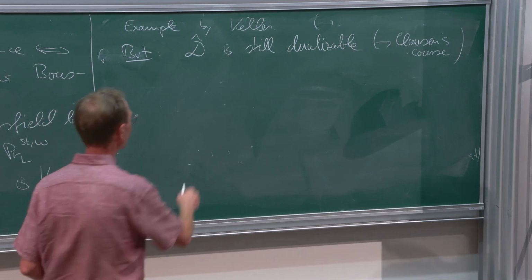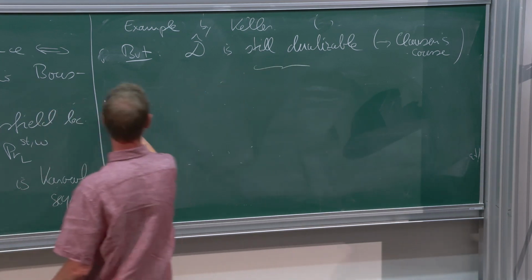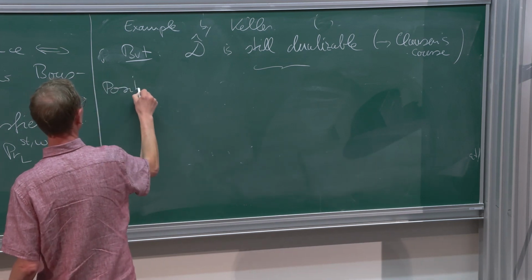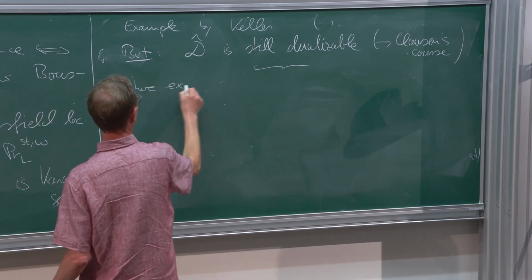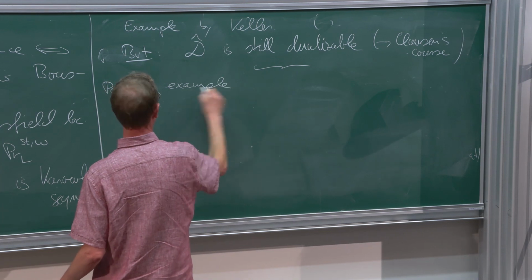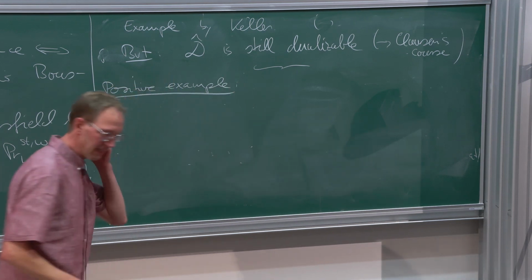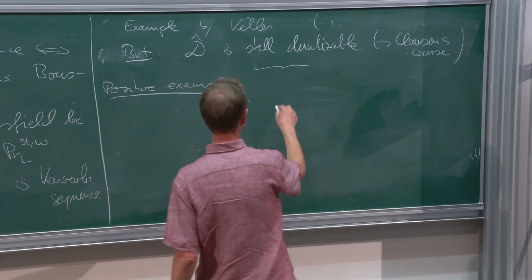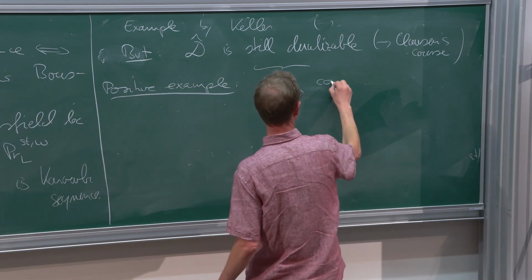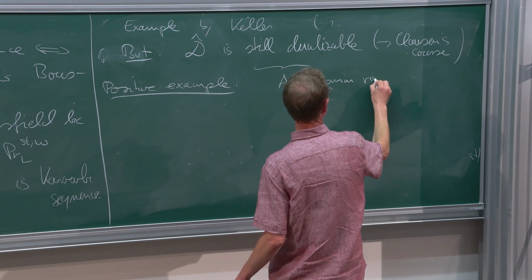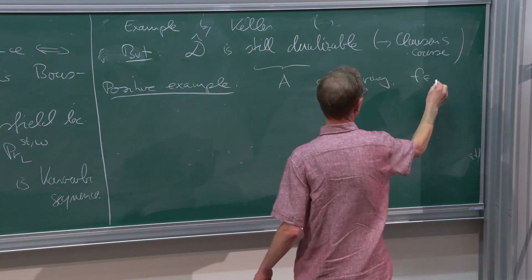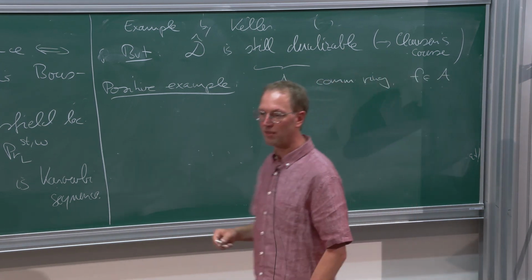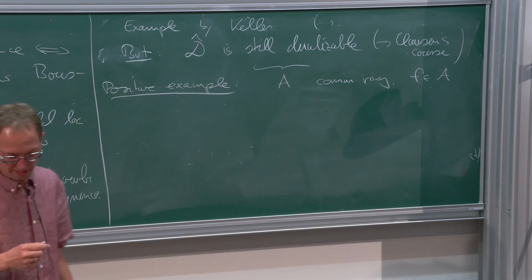Okay, now let's come to a positive example. And that's somehow the one that gives you Zariski descent at the end. So let's say for simplicity A is any commutative ring and f is an element in A. Then we can look at the localization.